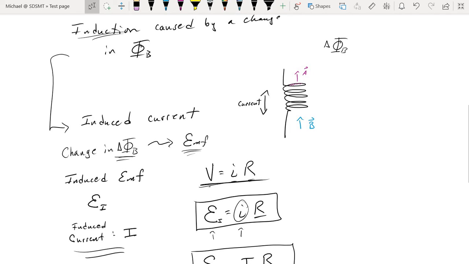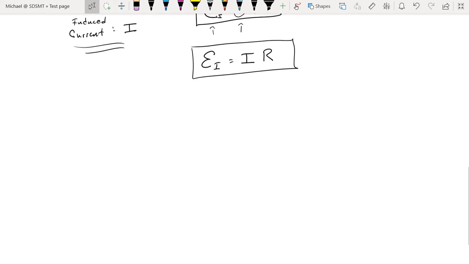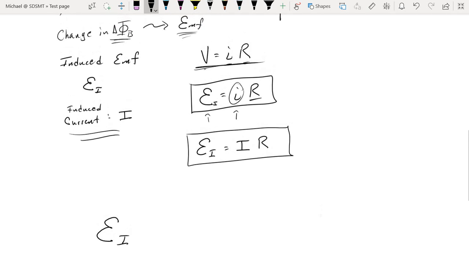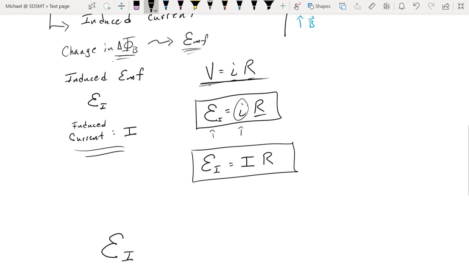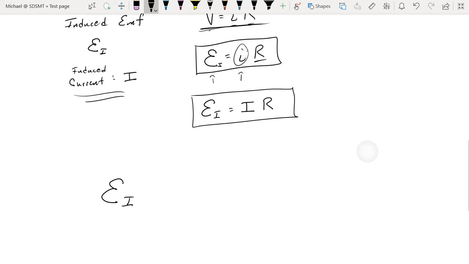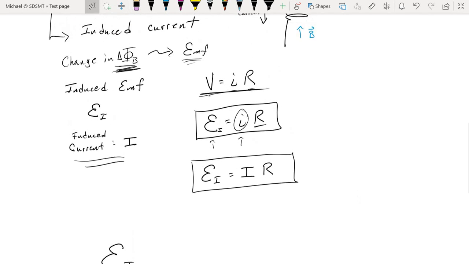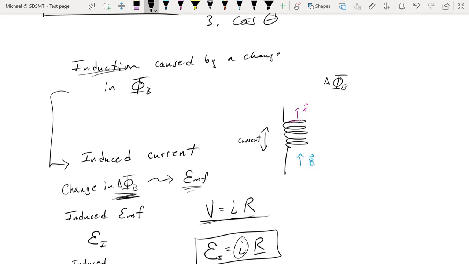All right, well, if our induced EMF is going to be produced because we're changing the magnetic flux through that coil, can we put together some kind of an equation that relates the amount of induced EMF to how our magnetic flux is changing?